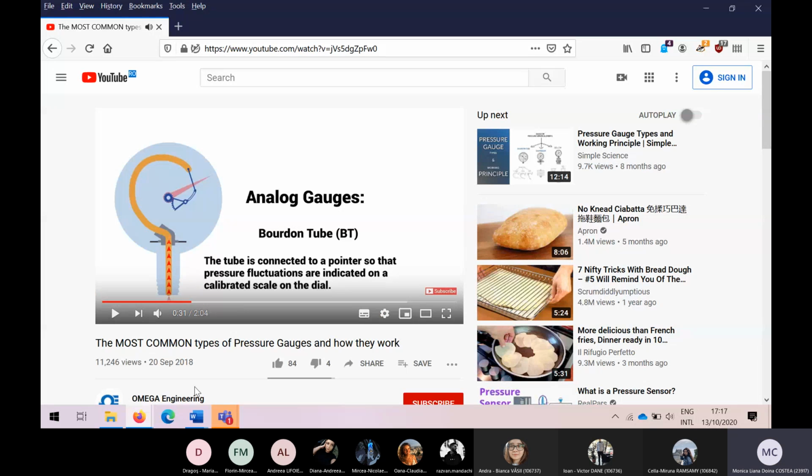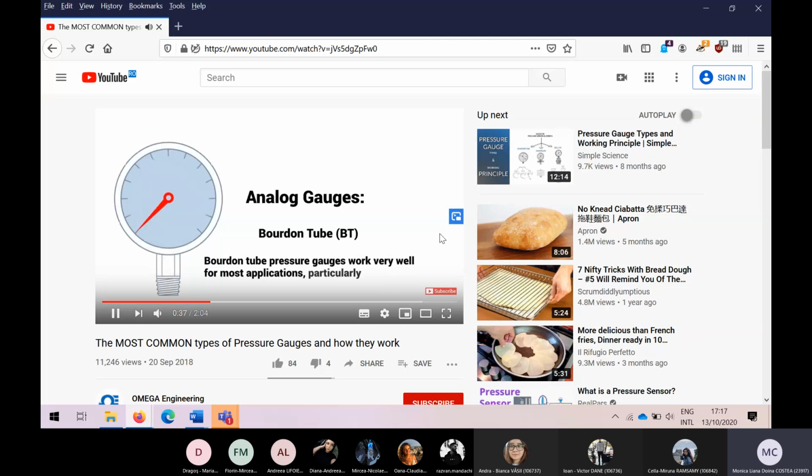So you see the pressure acting on the tube and the deformation of the closed end in connection with the needle. Most applications are medium to very high pressure. So keep in mind this variation range.